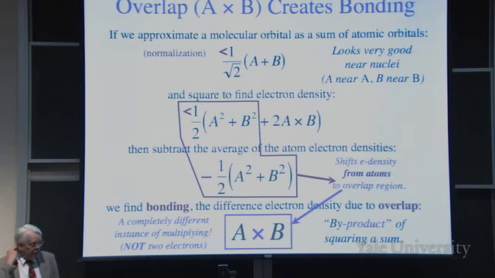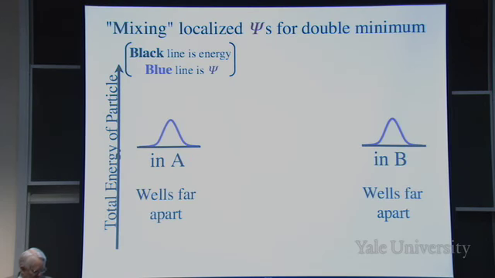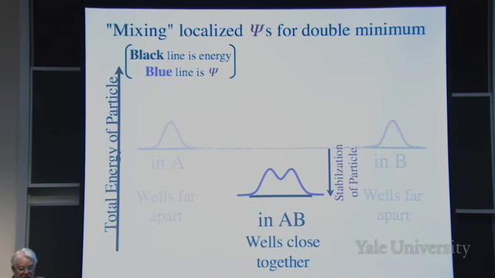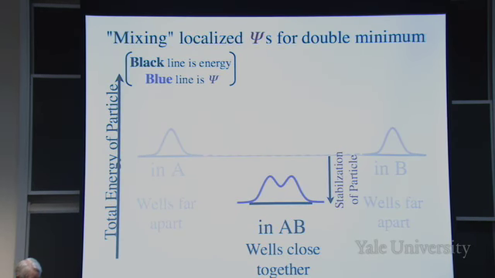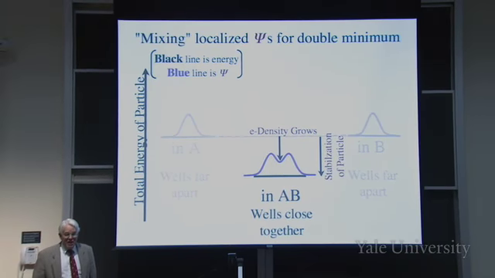Okay, so that overlap, the A times B term, is what creates bonding. And we've seen this before. Remember when you have wells far apart, the wave function is the sum of the two. We saw this in one dimension, right? But if they come close together, you get a wave function that looks like that, which we looked at before just from the point of view of the energy, and saw that that would stabilize the particle because it's got less curvature, less kinetic energy. But also the electron density grows in the middle.